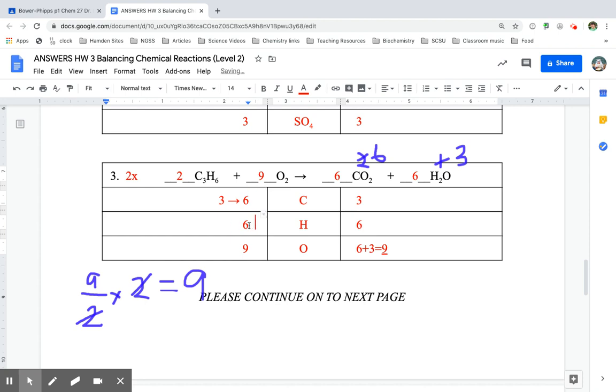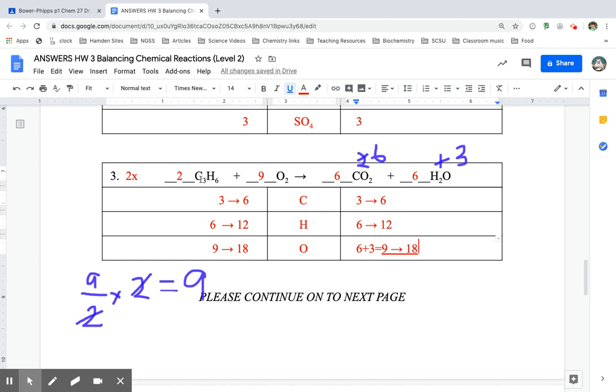This 6 is actually now 12. And this 9 is actually now 18. This 3 became 6. This 6 became 12. And this 9 became 18.